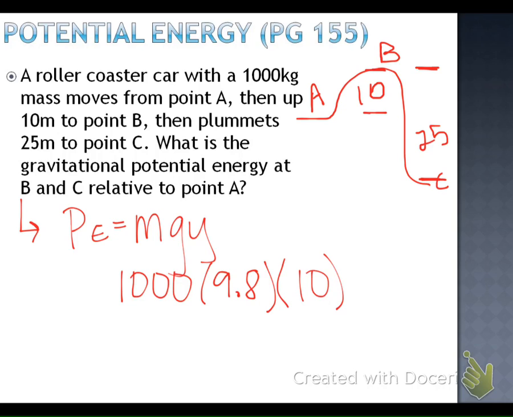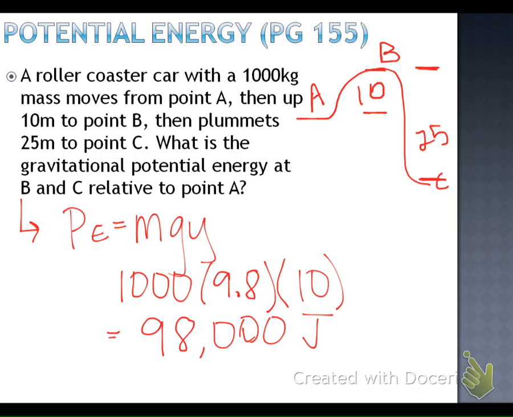We're just going right now from point A to point B, so we're going up 10 meters. That's what I got: 98,000. So tell me why it would be an increase in potential energy as it goes up the track. Yeah, because it's going higher, which means we have more potential energy. So it makes sense that it should be positive there.